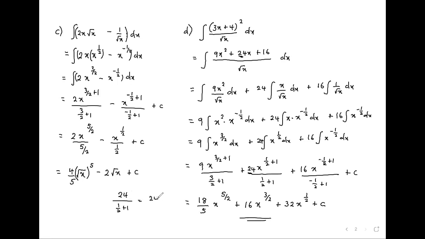This means that we have 24 over 3 over 2. If you reciprocate the denominator, it's going to be 24 multiplied by 2 over 3. But 3 can go into 24 8 times. So 8 times 2 is 16. Thank you, sir. Okay.